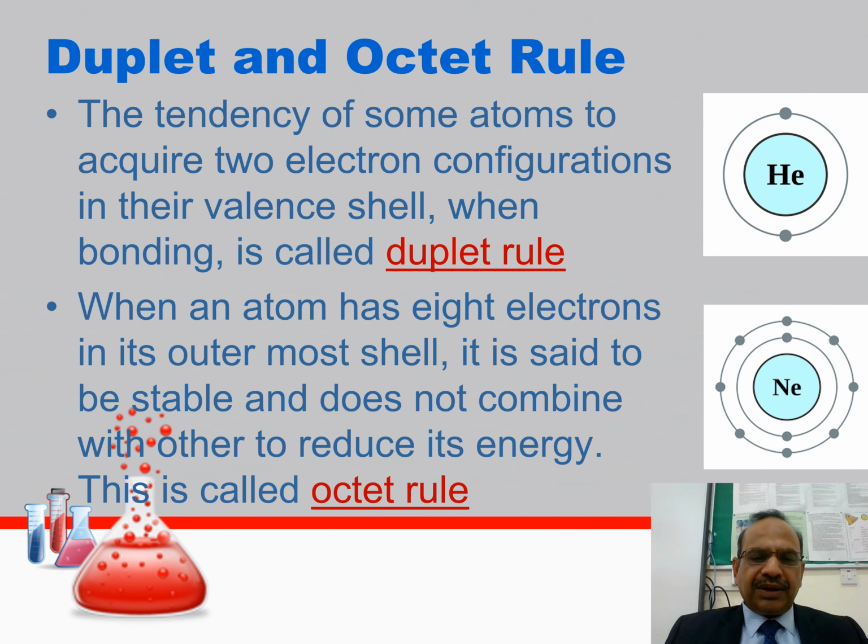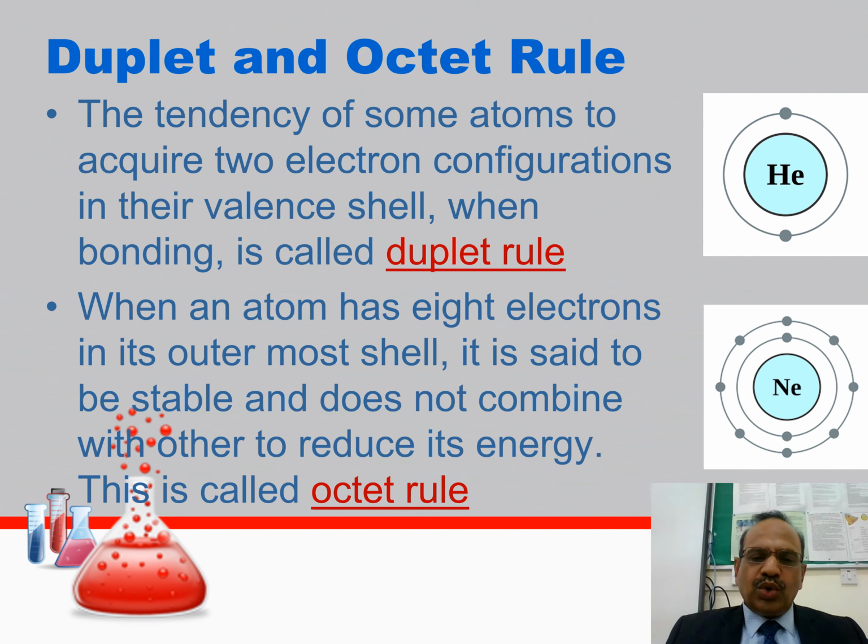So if any atom completes two electrons in its outermost shell, to get the electronic configuration of the nearest noble gas, like for example hydrogen, it has just one electron in its outermost shell. If it gains one electron to get the electronic configuration of helium, we may say it completes its duplet. And suppose sodium loses one electron, and after losing one electron there will be eight electrons in its outermost shell, and it will get the electronic configuration of neon.